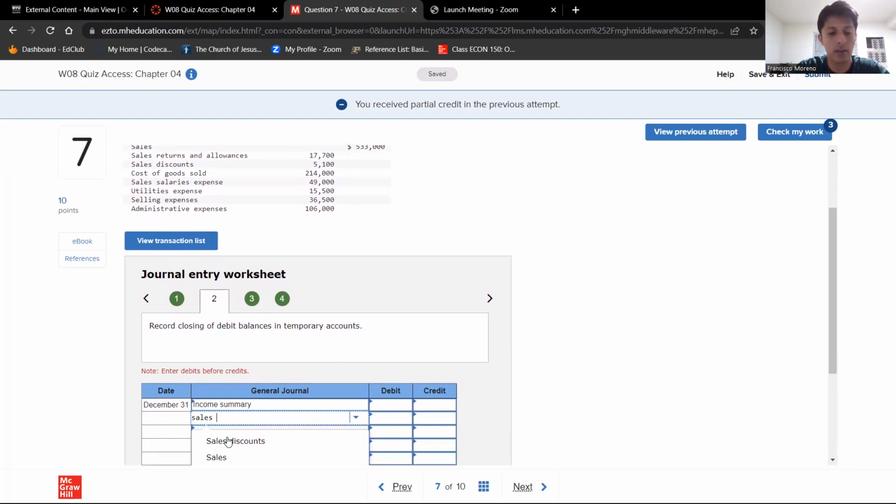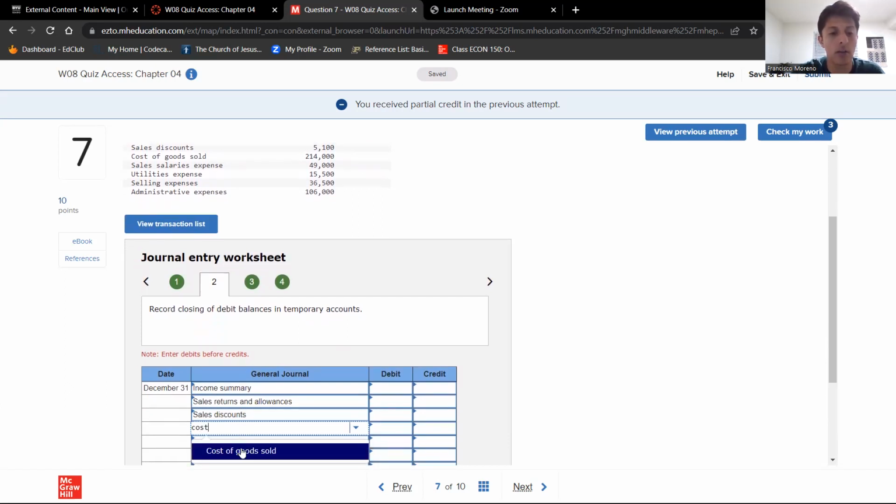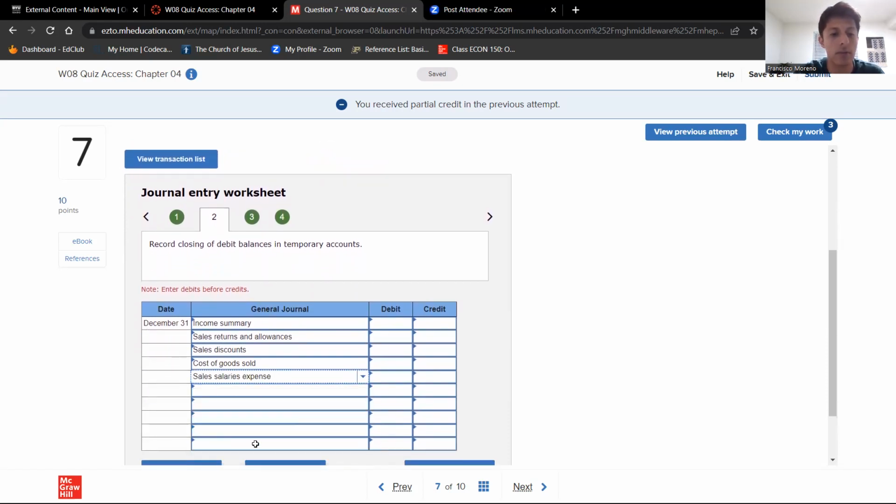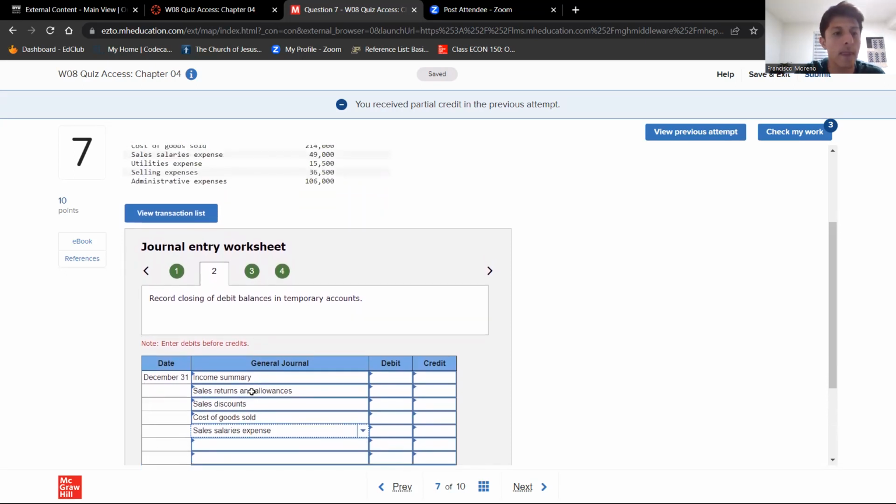So that's gonna be sales returns and allowances. Salaries expenses.